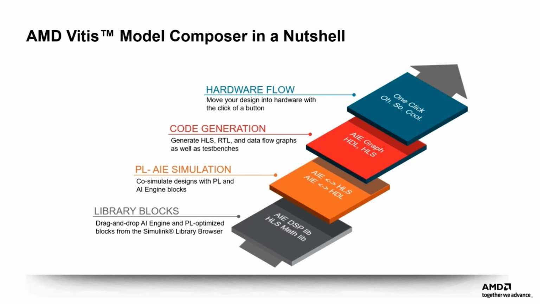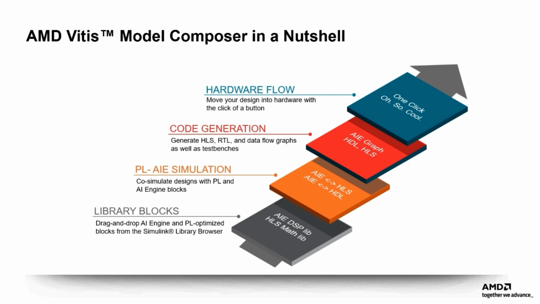If you want to describe Vitis Model Composer in a nutshell, the tool provides a rich library of blocks that allows you to quickly build a design. It allows you to build a heterogeneous design where there is both programmable logic and AI engines, and you can then co-simulate the design to verify the results.